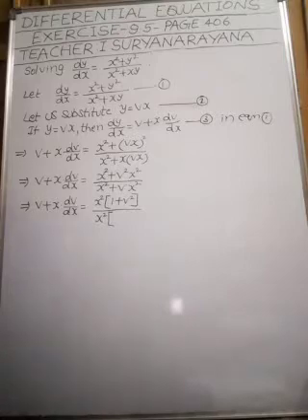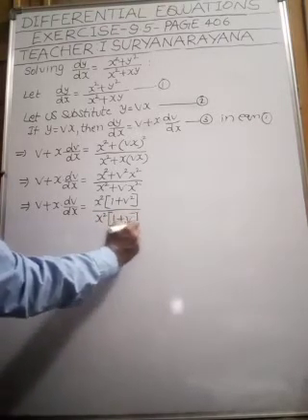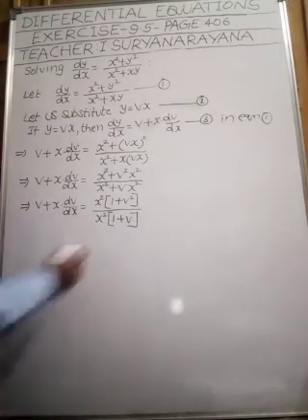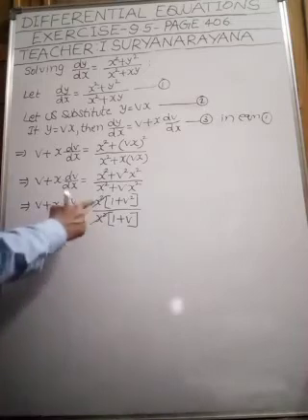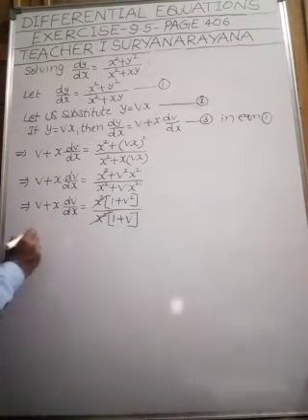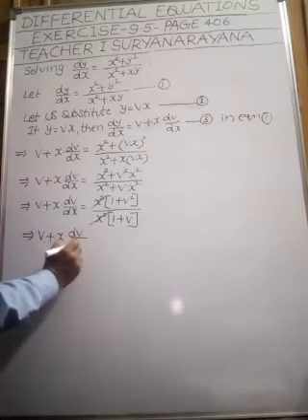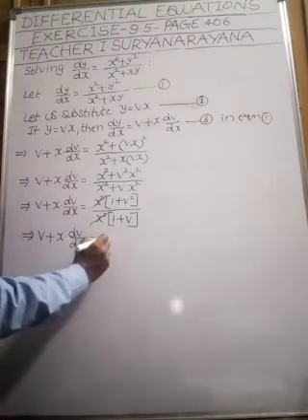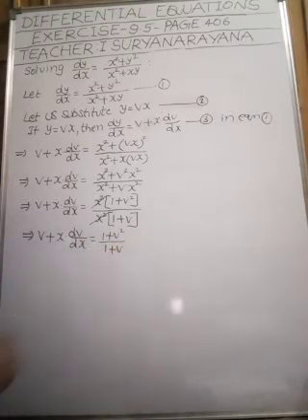Okay, my children? Right. So what we get? 1 plus v. Understood this RHS, my children? Right. Here we cancel x square. Then we get v plus x dv by dx is equal to 1 plus v square by 1 plus v. Understood this step, my children?